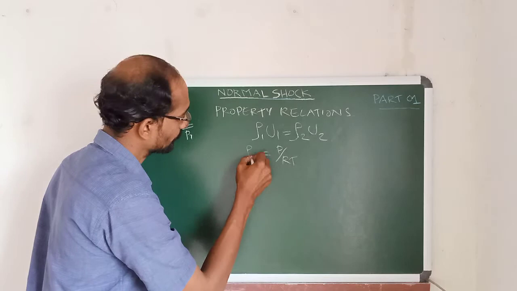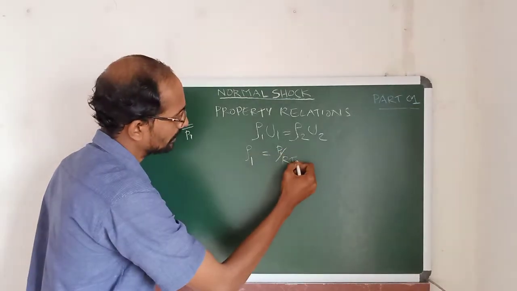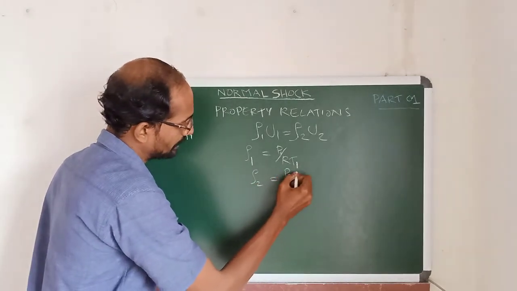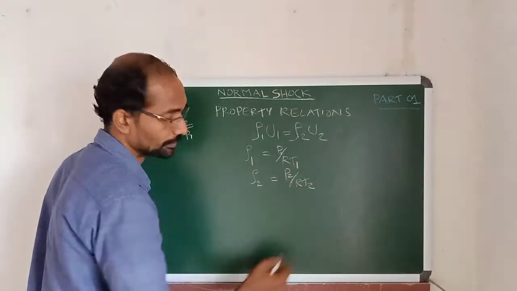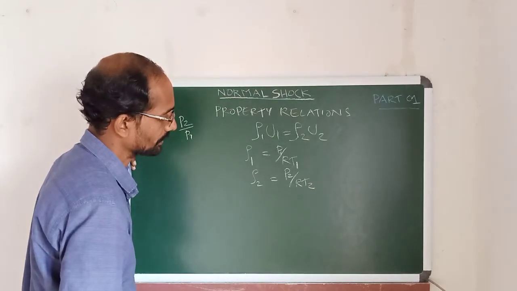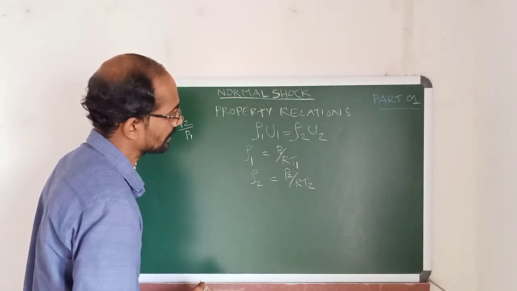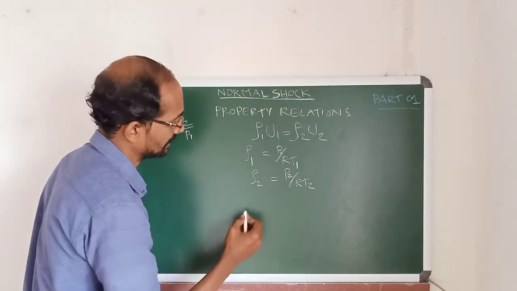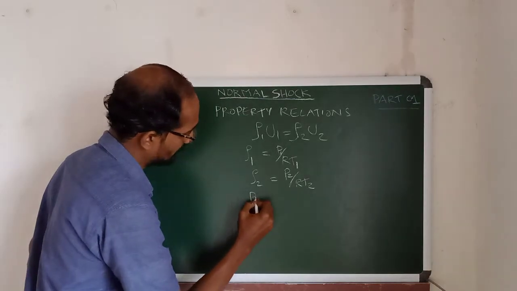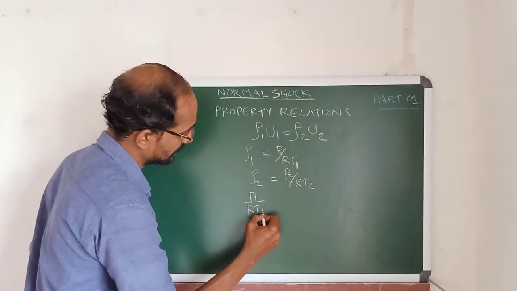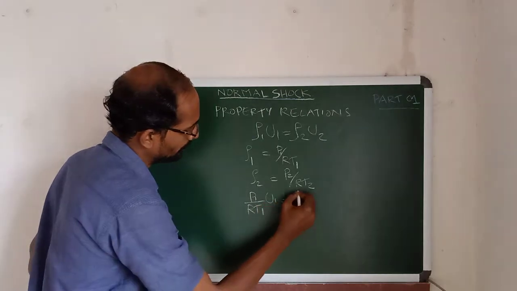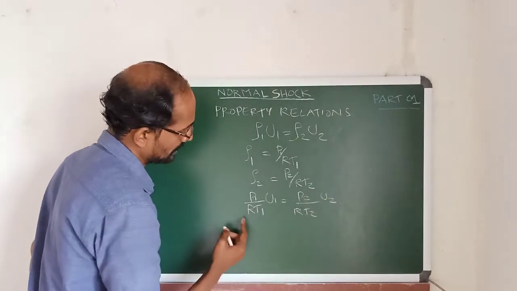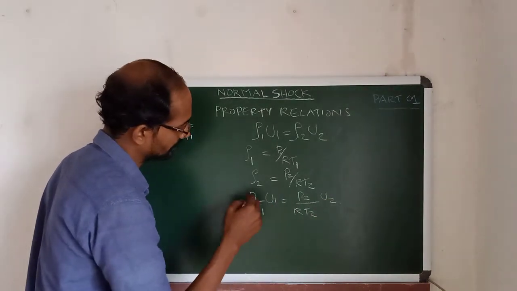So I can write ρ1 equal to P1 by RT1, and likewise ρ2 is equal to P2 by RT2. Now I am going to substitute these values for density. Then I get P1 by RT1 into u1 equal to P2 by RT2 into u2.